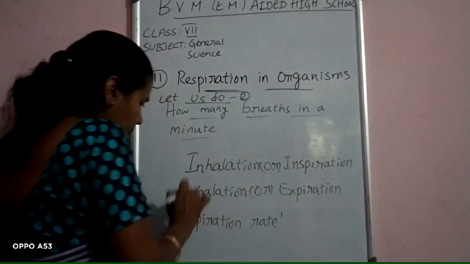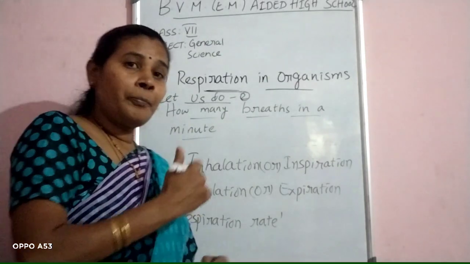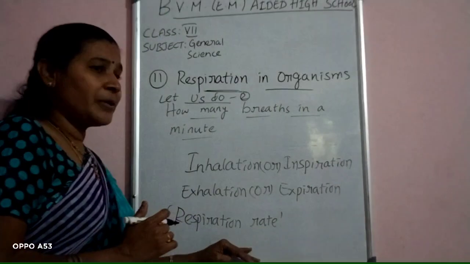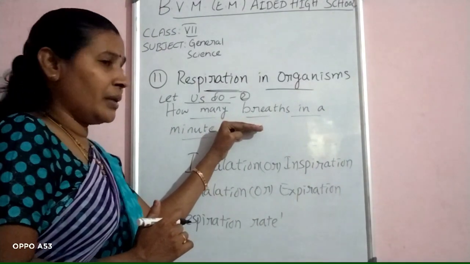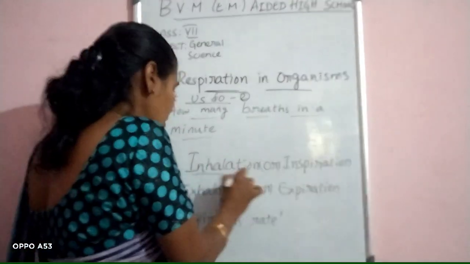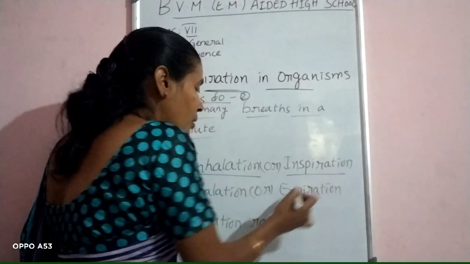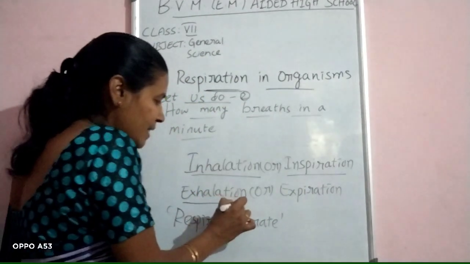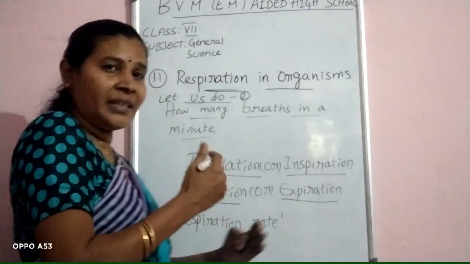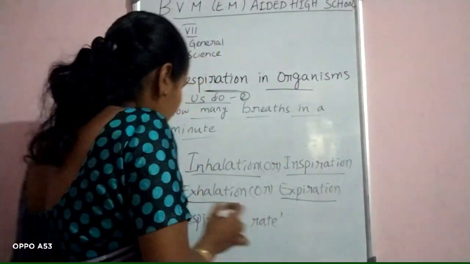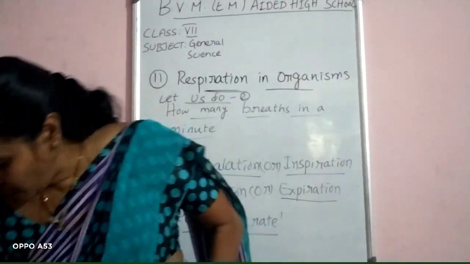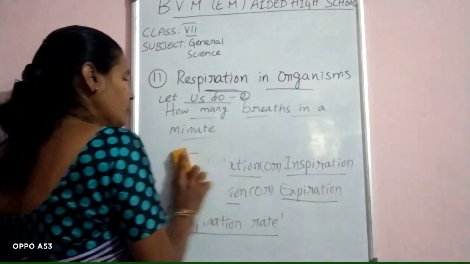From this experiment, what did you understand? Breathing in air is called inhalation or inspiration. Breathing out air is called exhalation or expiration. And the number of times we breathe in and out in a minute is called the respiration rate. Understood, children? So, once again I am writing.